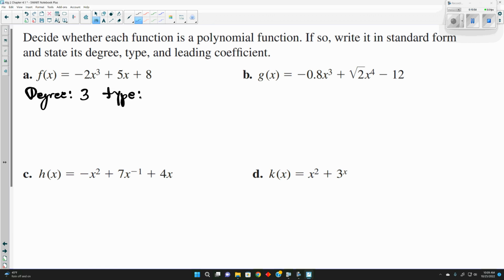Type. So it was on that first chart. What did we call a degree 3? Look back at it. Cubic. A degree 3 is a cubic.